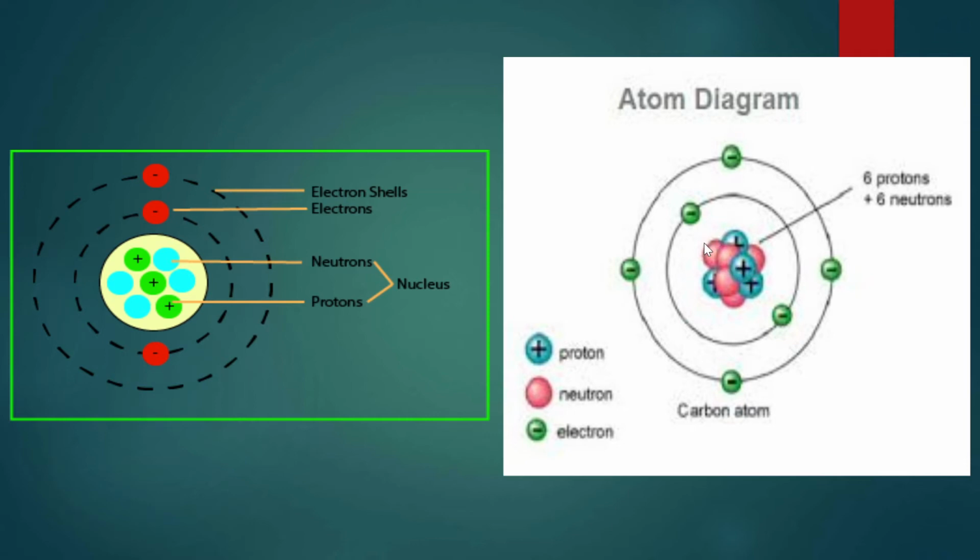So the atomic mass of the carbon atom is 12 atomic mass units. Children, here also you see that the electrons are revolving round the shells or orbits and your protons and neutrons are found embedded in the nucleus of the atom.